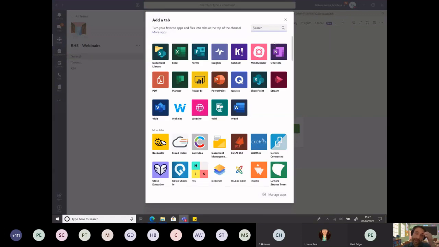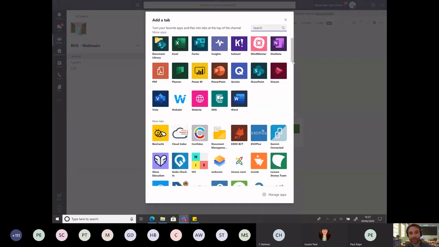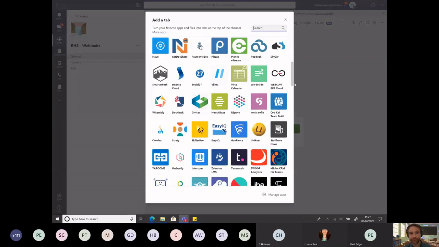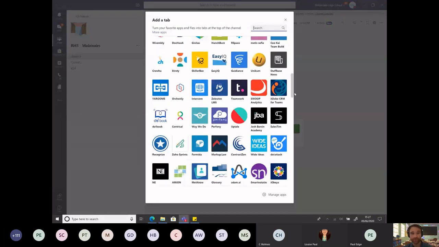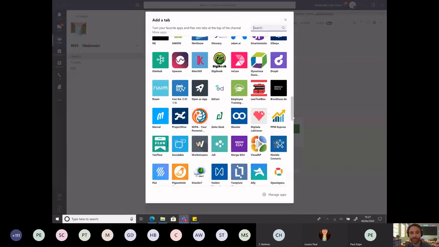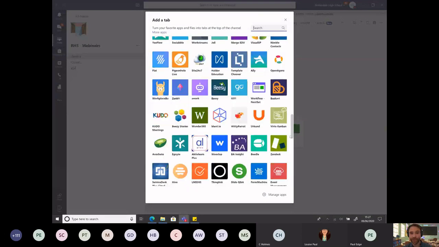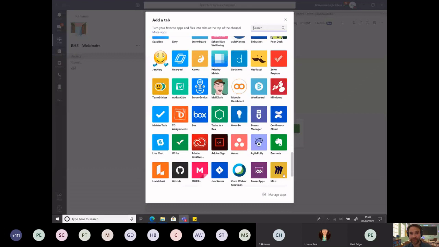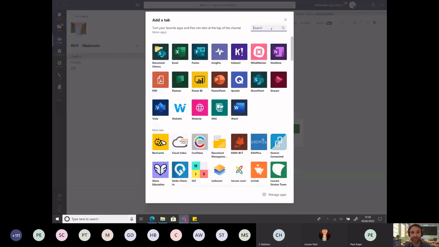Remember the important thing is that Teams is a hub. It's that vehicle for you to distribute the different resources and tools that you want. And what you will notice is if you look here, there are absolutely loads of educational and other apps that you might use within your education establishment already. And there is a simple way that you can share that because they work well together.